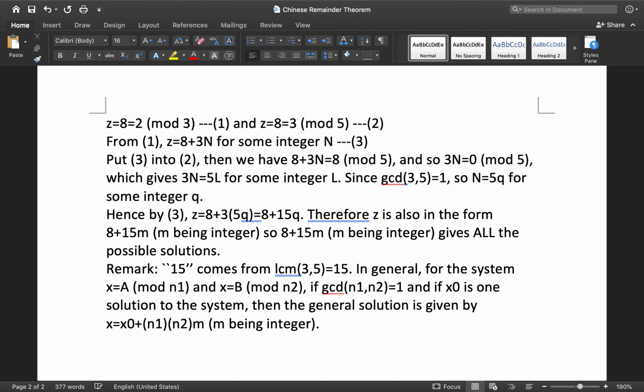So that will always give you the full set of solutions. This is the most general solution to the problem.